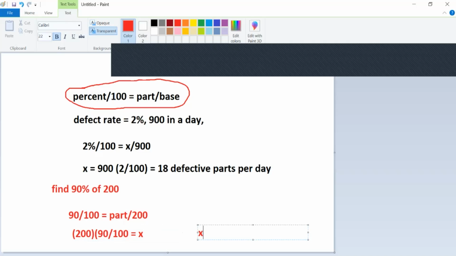So X is equal to 180, or the part is equal to 180.